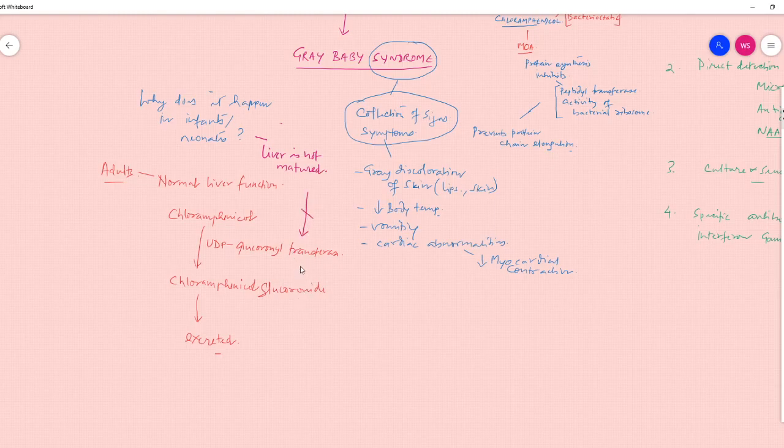As a result, they don't produce chloramphenicol glucuronide, which means they don't excrete chloramphenicol glucuronide. So then what happens is chloramphenicol accumulates.